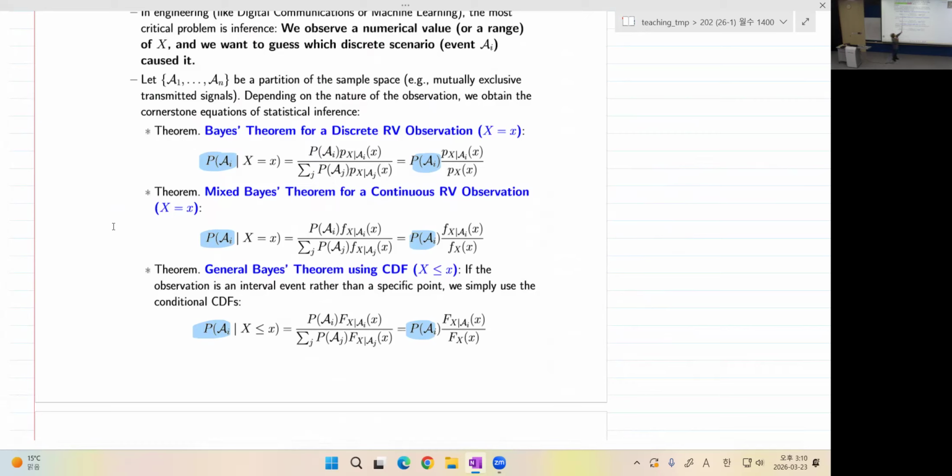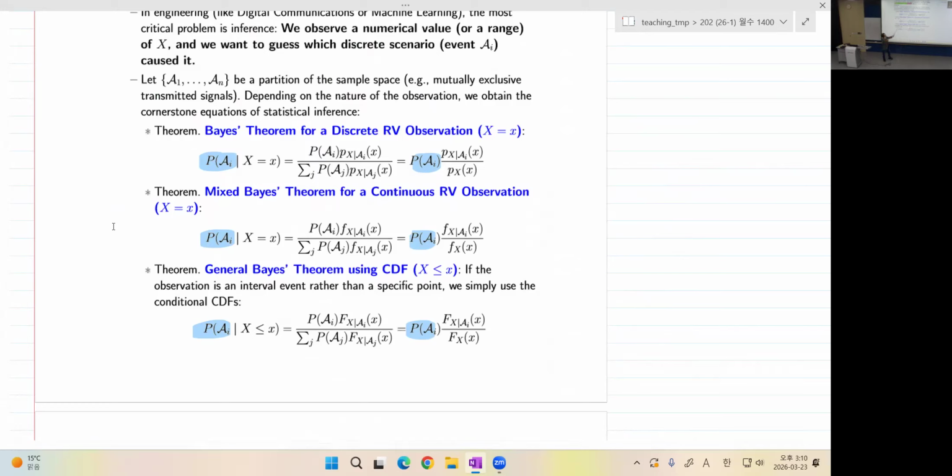As I told you, the summation of these events, for all i, because A sub i is a partition, right? So whatever condition you have, if you sum up over all events in the partition of the sample space, you must always have probability 1.